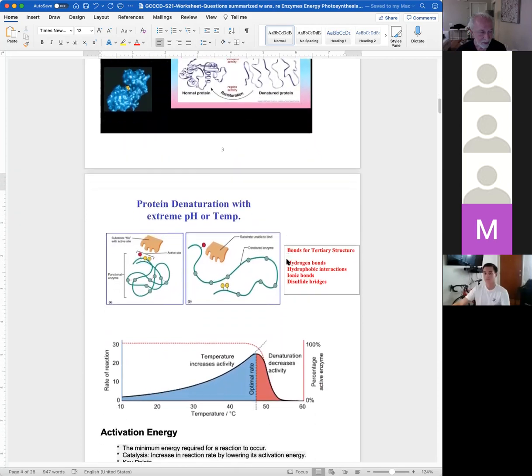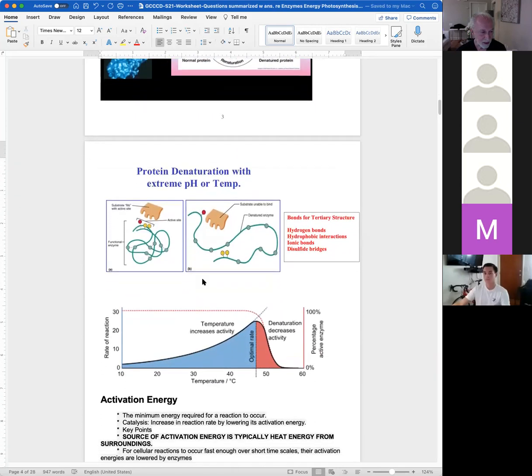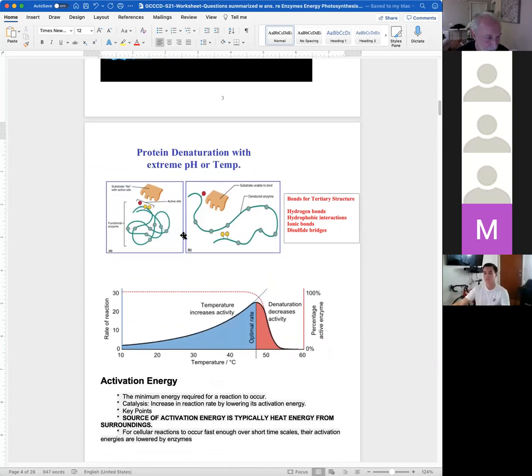That's illustrated, I think, a little more explicitly in this next picture, where this green thread is the functional enzyme with its tertiary shape. The active site is represented by these three little colored balls. They're held together by the tertiary shape of the enzyme.